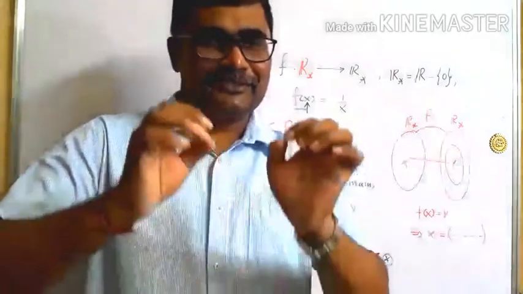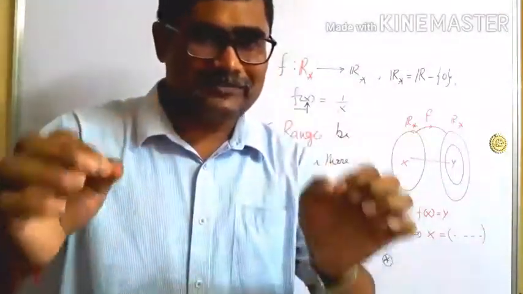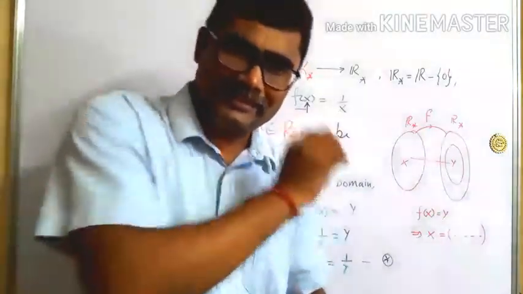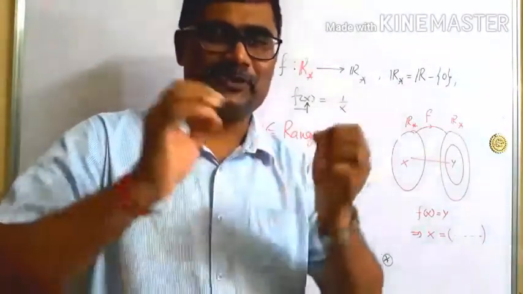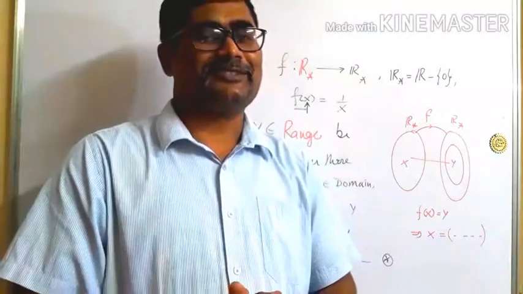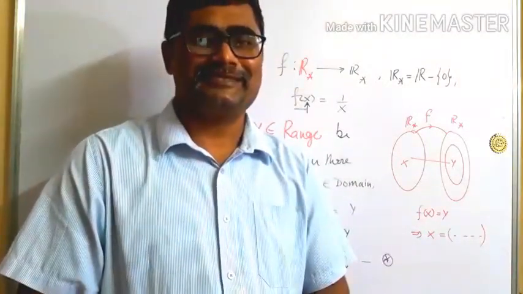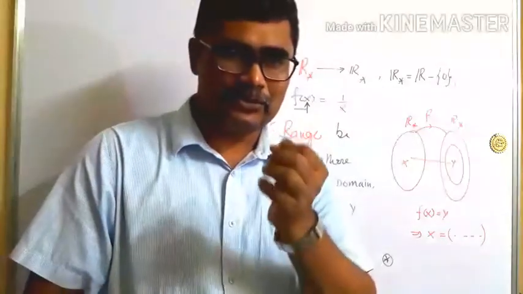That means for all non-zero real number possibilities of y, this is possible. So y belongs to the non-zero real numbers set. So that is the range. This is how we find it.